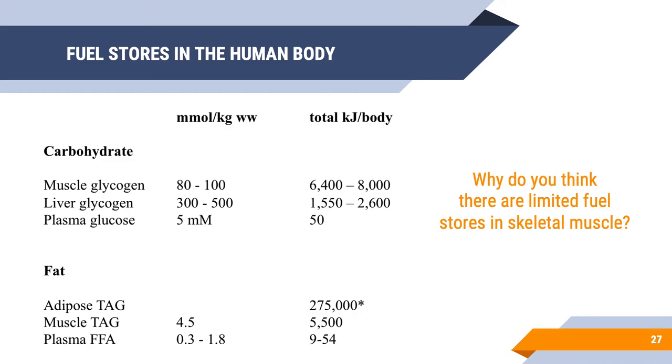Muscle triacylglycerides, or intramuscular triglycerides, make up our second largest store, and we have some plasma free fatty acids in the circulation as well. The reason we have limited fuel stores in skeletal muscle is largely because glycogen molecules stored in the muscle are fairly large and branched out. They take up a lot of space, and the skeletal muscle itself is a finite space.